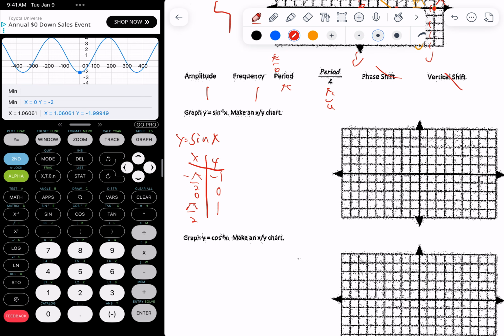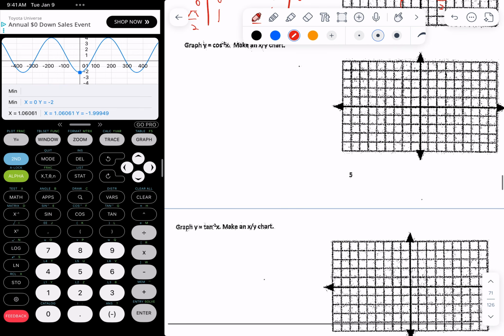And then for y equals sine inverse of x, it is negative 1, 0, 1, and it's just the opposite of that. Pi over 2, negative pi over 2, because it's basically just flipping over.